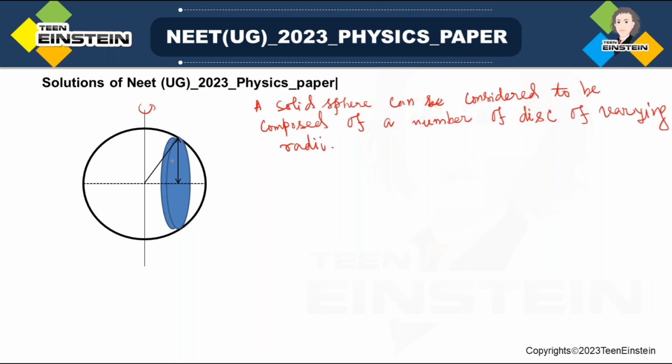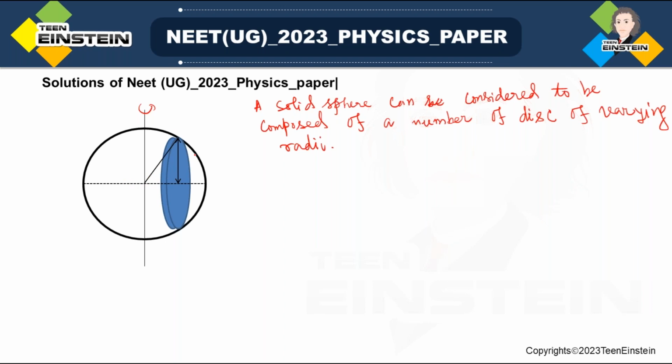Okay, so let us consider calculating the moment of inertia of a solid sphere. See what ultimately we have to do, I'll tell you here. We have to find the moment of inertia of an elementary disk, and if we can take the sum of the moments of inertia of that elementary disk for the whole sphere, then it will be done. Let us do it here.